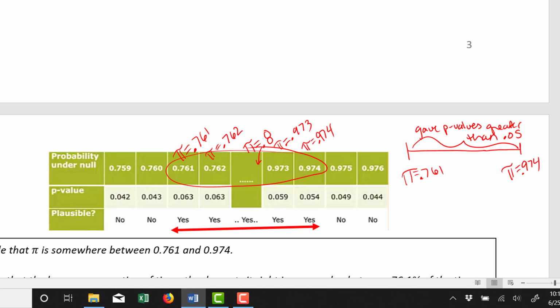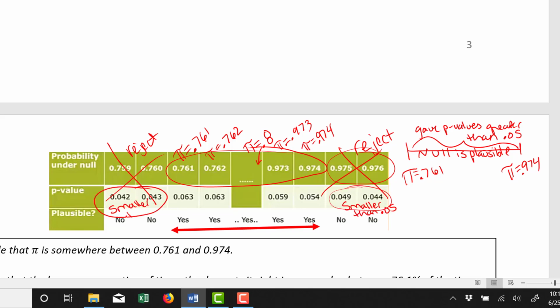And so all of those values of pi gave us a conclusion that the null hypothesis is plausible. As soon as they made a null hypothesis that was outside of that range, so like pi equals 0.760 or pi equals 0.759, these were rejected values of pi. And values up here on the other end were also rejected, 0.975, 0.976. They got p-values that were lower than 0.05.